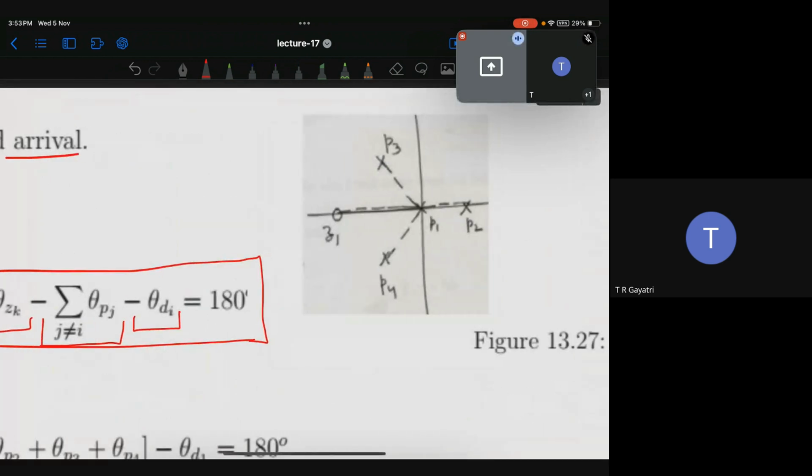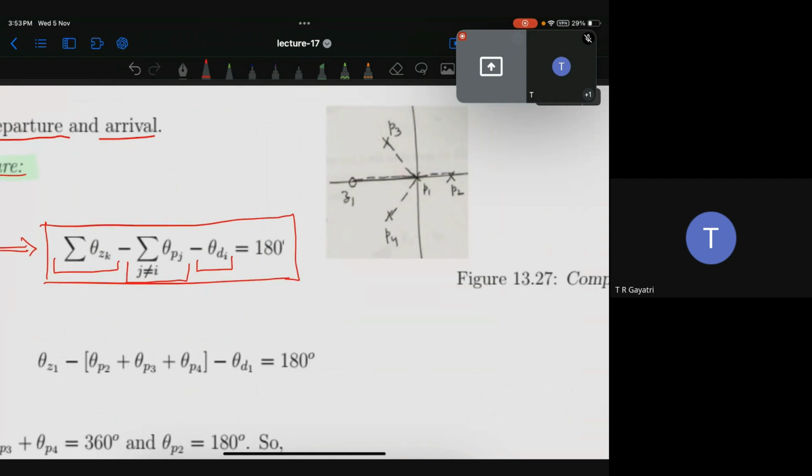Let me show you here. Now we are interested in finding this P1 departure angle, that is theta D1. What we do is, here we have a total of three other poles and one zero.